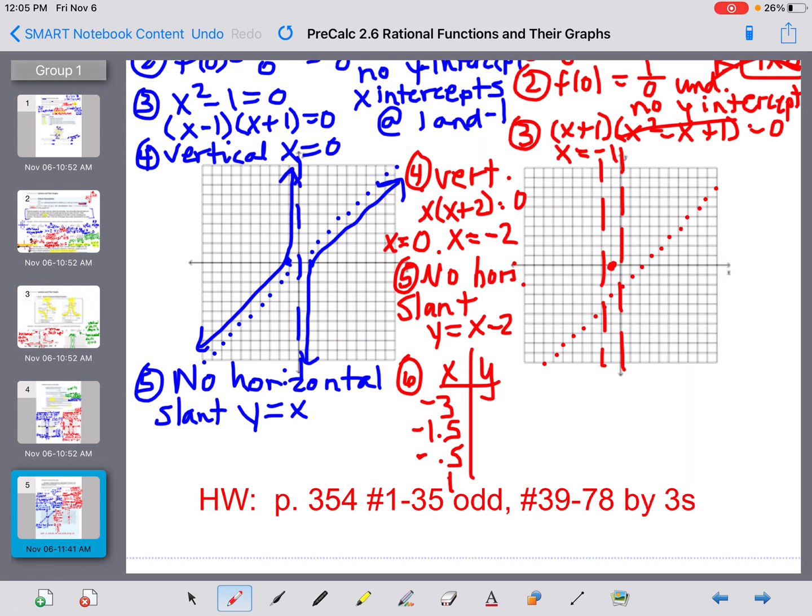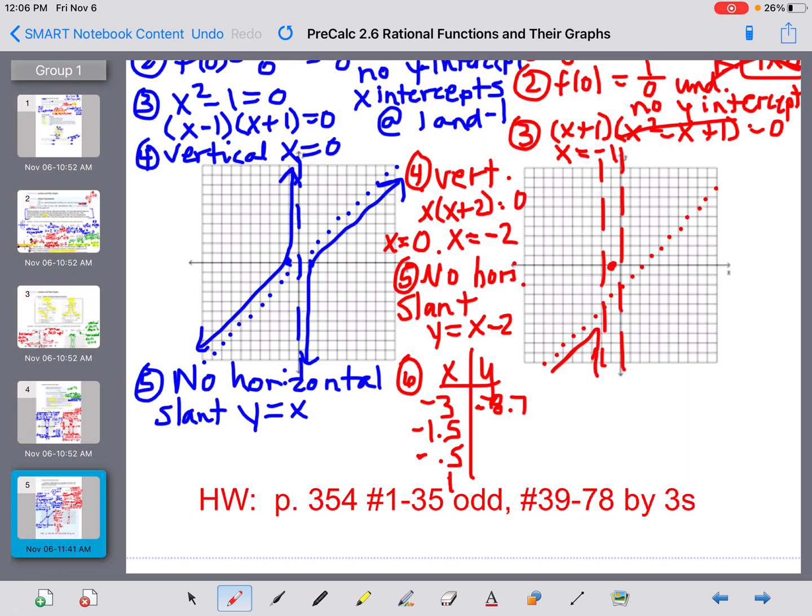Get that decimal, and it's about -8.7, 8.6 repeating. So at -3, I'm at -8.7. So I'm down here, right?